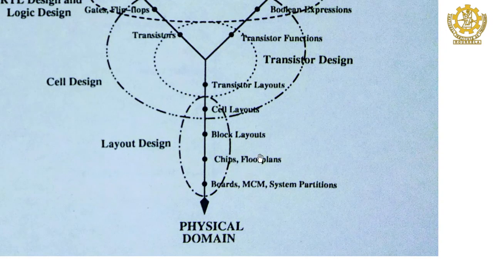Your system will be floor planned accordingly and fabricated in terms of chips. That is why the cell layout, block layouts, chips and floor plan layouts, and finally the design of multi-chip modules or boards are constituted under layout design, which is part of your physical domain, okay.